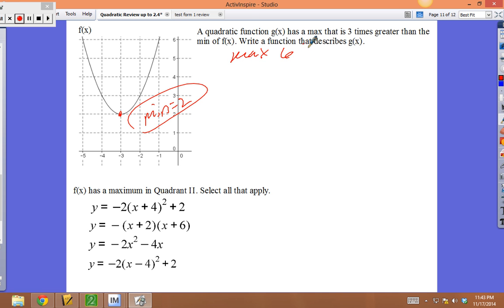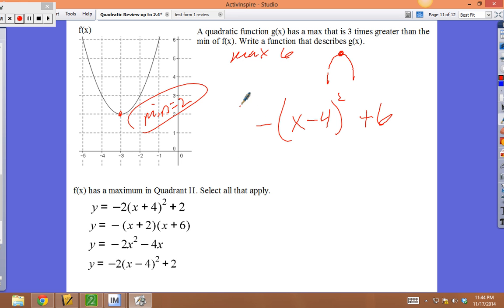So write a function that could describe a max of 6. Okay, if it's going to have a max, I know that it needs to be upside down. So it's going to be negative x squared. I don't care about sliding left, or I could go like 4 to the right, but I need to go up 6.